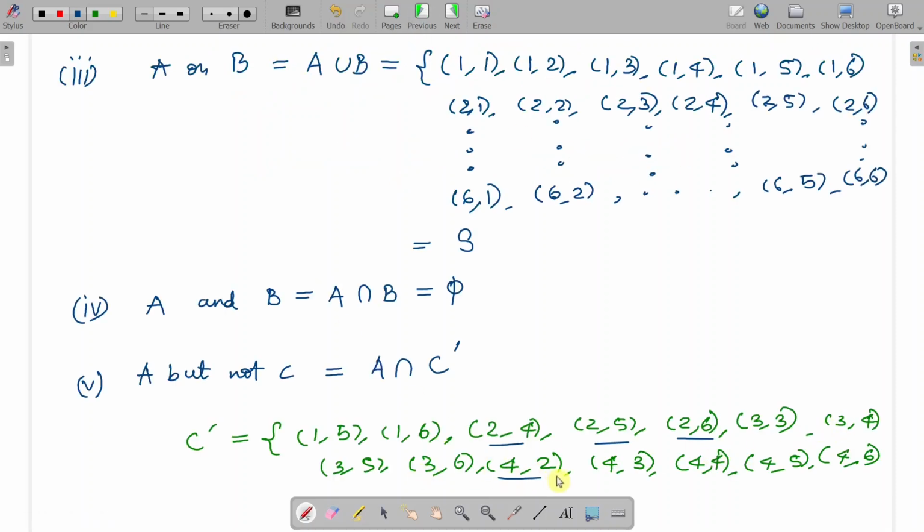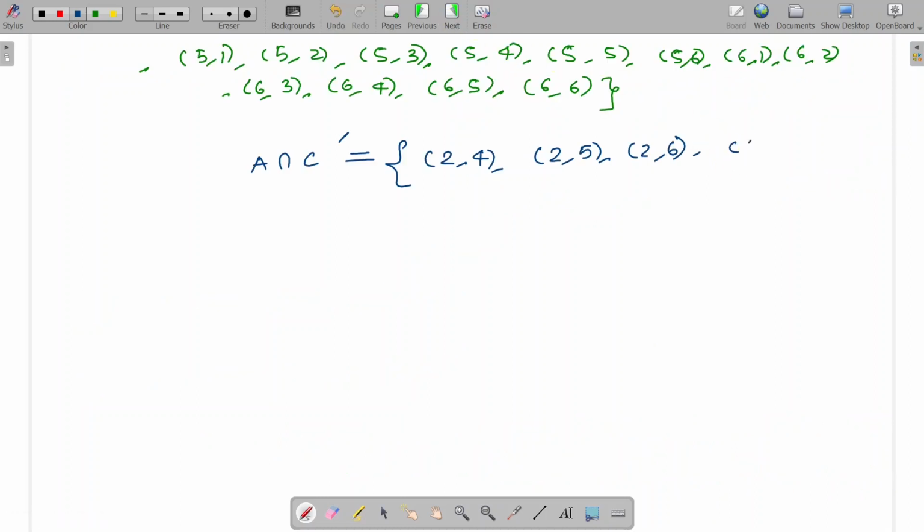Then 4 comma 2, 4 comma 3, 4 comma 4, 4 comma 5, 4 comma 6. Then 6 comma 1, right?